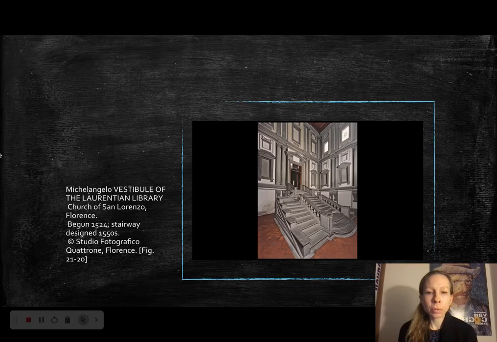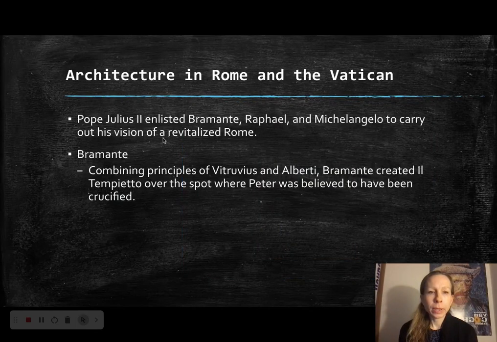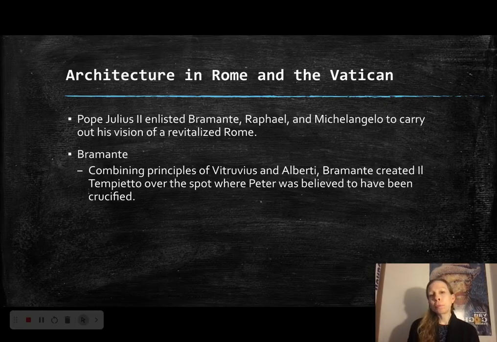Okay, and here's the vestibule of the Laurentian Library. And so Pope Julius II enlisted Bramante, Raphael, and Michelangelo to carry out his vision of a revitalized Rome. Bramante combined principles of Vitruvius and Alberti.